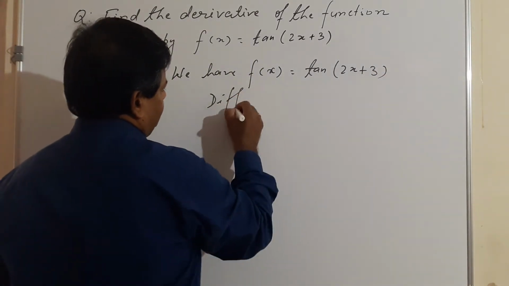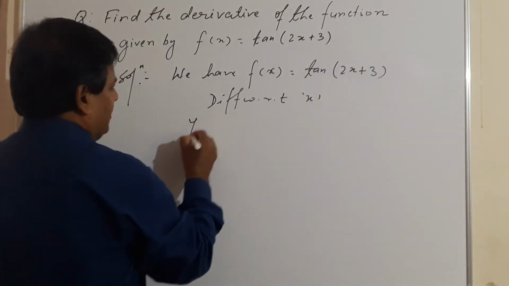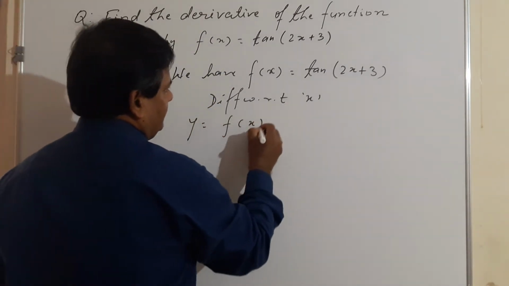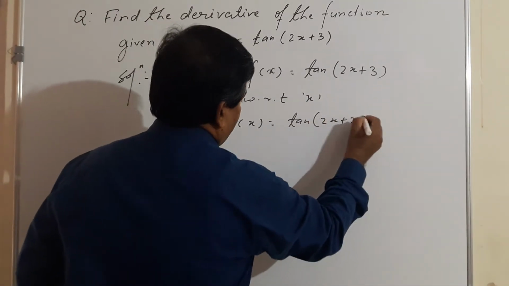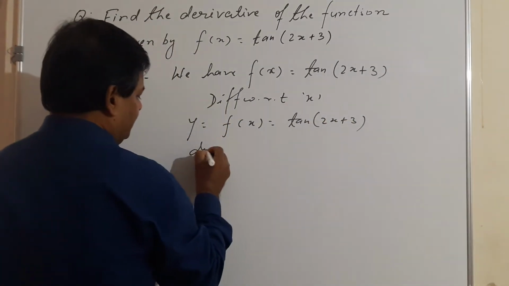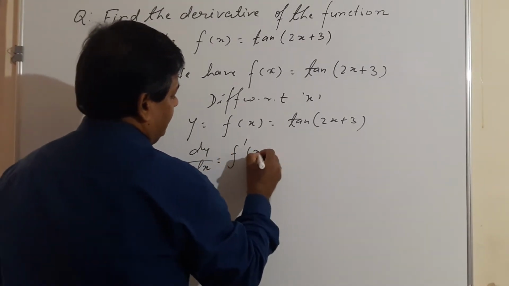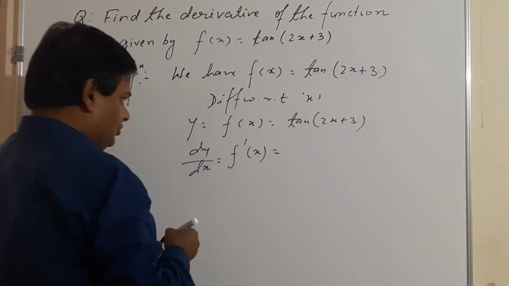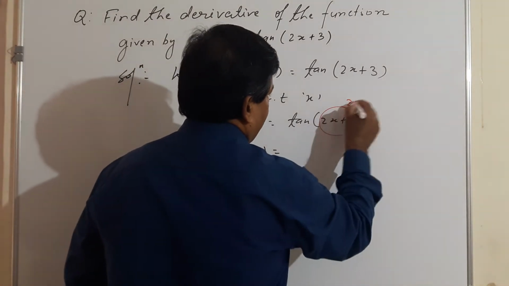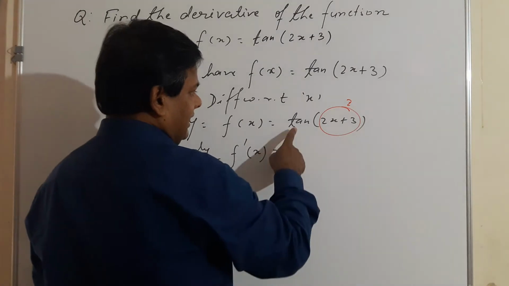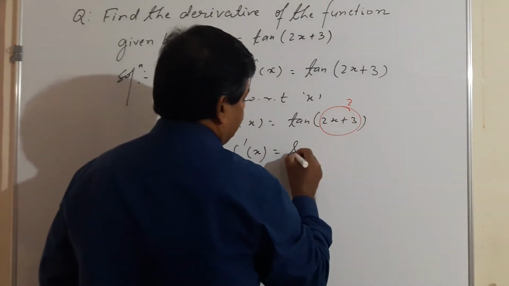Differentiating with respect to x, if y = f(x) = tan(2x + 3), we have to differentiate, so dy/dx is equal to f'(x). Suppose 2x + 3 is z. So the differentiation of tan z is sec² z.